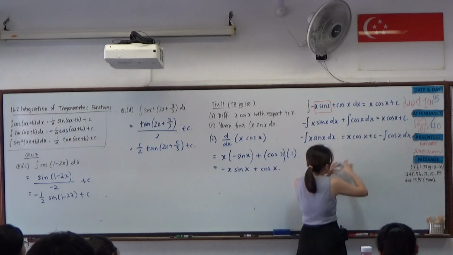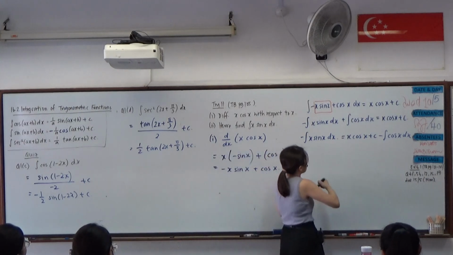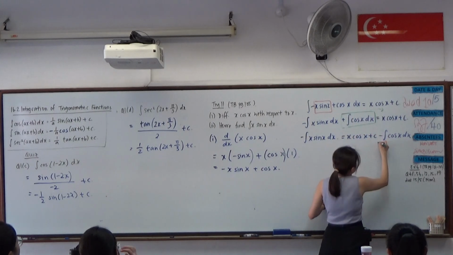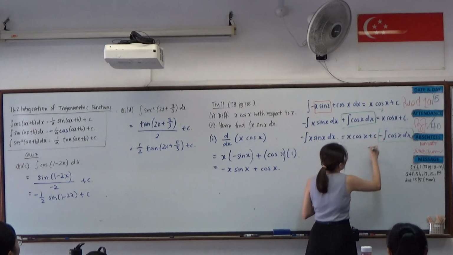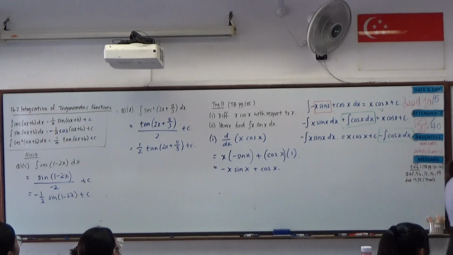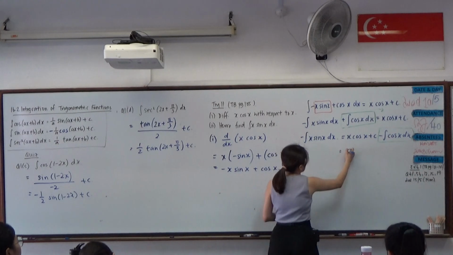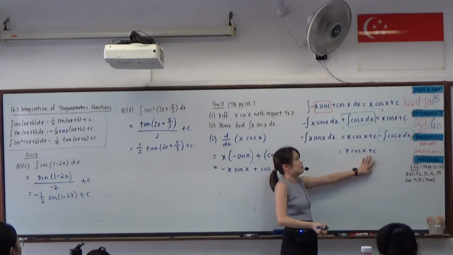We shifted this positive cosine x to the right side, which explains why it becomes negative. Sorry, my marker is spoiled. Negative integration of cosine x, and we know how to integrate cosine x. I'm just going to keep this plus c over here.